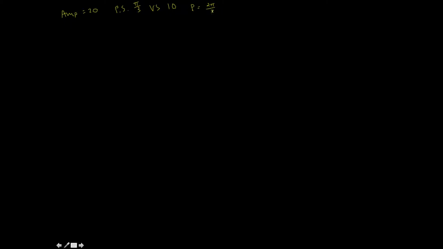Now, what is the increment? Remember, increment is period divided by 4. So that's going to be 2 pi over 3 divided by 4, which is 2 pi over 12, which is pi over 6. So my increment is pi over 6. Alright, so this is the equation we have.